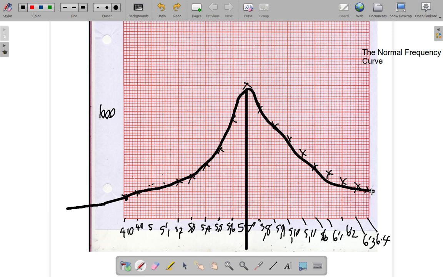And if you went above 6 foot, 6, 5, 6, 6, 6, 7, you don't have a lot of people who are that tall. But the bulk of the persons are here in this region near the center. So that's the idea behind what is called a normal curve. That's one way of getting a normal curve.